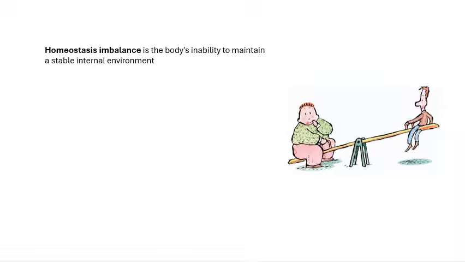Homeostasis imbalance is the body's inability to maintain a stable internal environment. So when the body can't keep your blood sugar level the same, it's out of balance, and there are things going wrong.